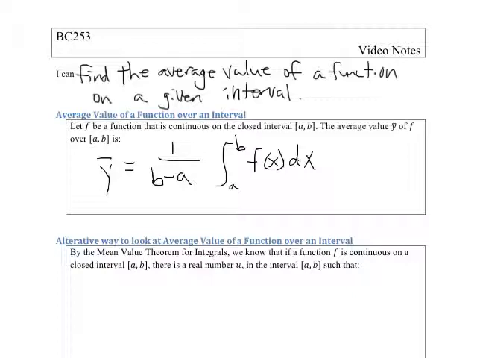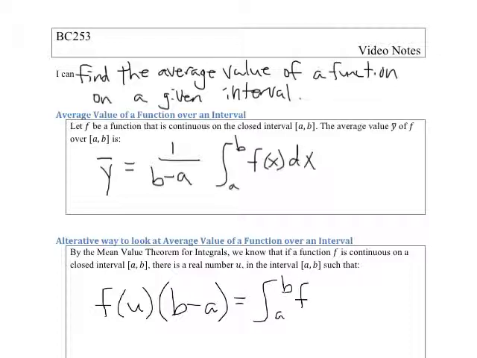It's very closely related to the mean value theorem for integrals. The mean value theorem is this equation, which says that there is a value, which we'll call u, so that the function at that value times the width of the interval is equal to the integral.